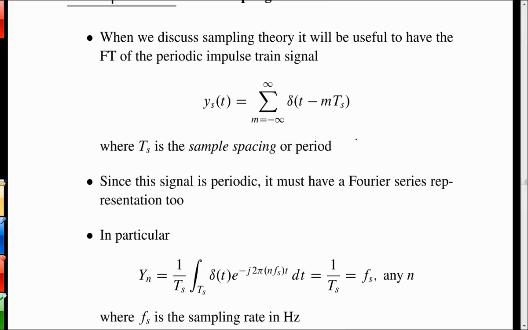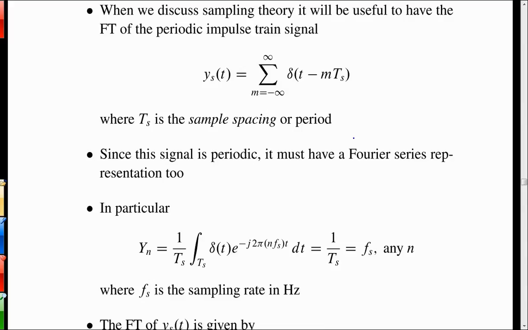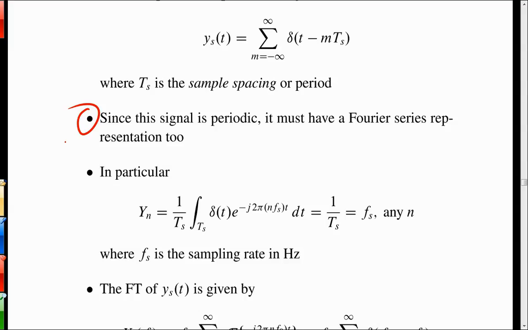What we're interested in is, what does the Fourier transform look like? First off, since this is periodic, it must have a Fourier series representation too. So go in and find the Fourier coefficient. You just integrate over one period, any one period of that waveform.